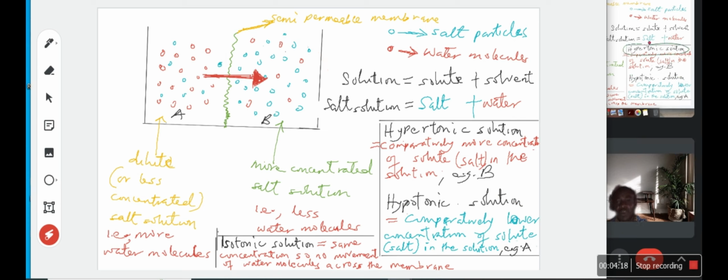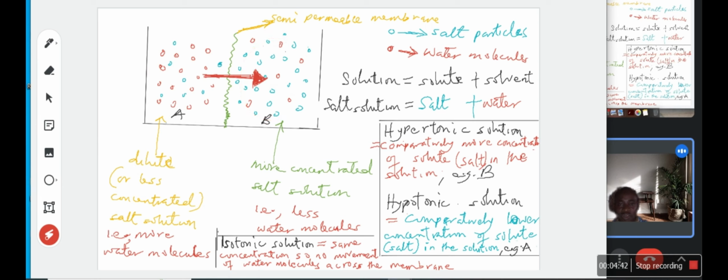So when you have two solutions, hypotonic and hypertonic, what will be the direction of flow of water? The flow, what do you mean? You know, you have two solutions separated by a semi-permeable membrane. One solution is the hypotonic one. The other one is the hypertonic one.